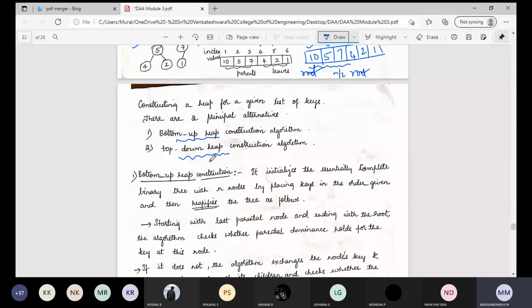These are the two alternatives to construct a heap for a given list of keys. Let us take the first one, bottom up heap construction.